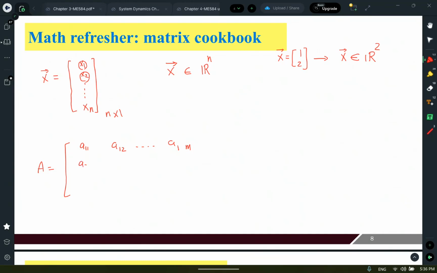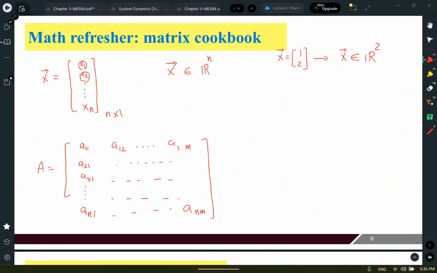Similarly, this is going to be a 2,1. This is going to be a 2,2. And this is going to be, let's say, n,1. Yes? And similarly, you can go ahead and fill the rest of the elements in the matrix. So you will have an n by m here.